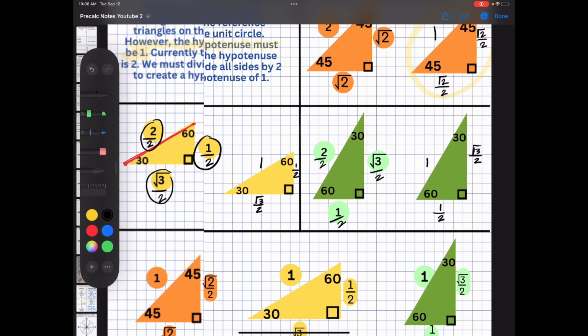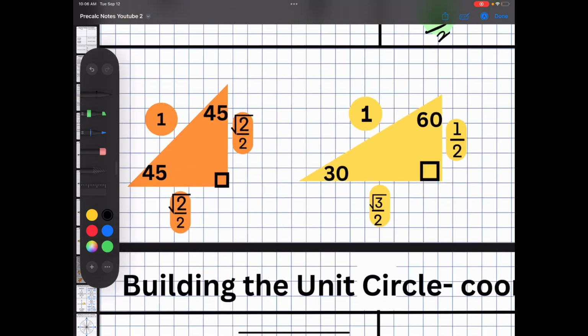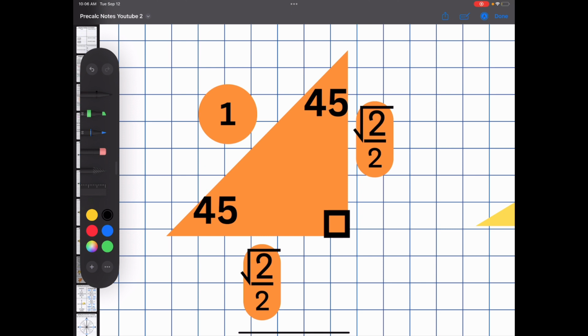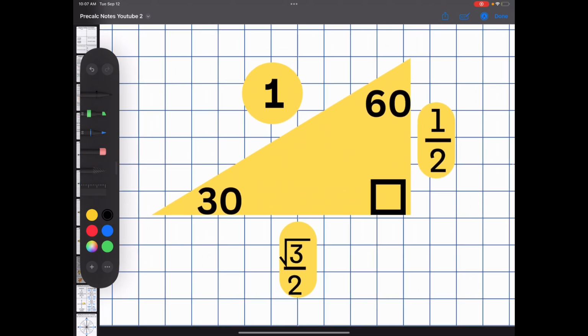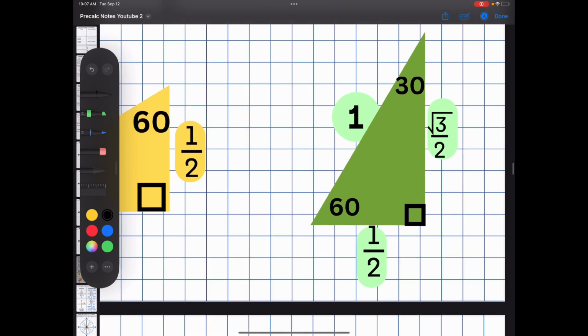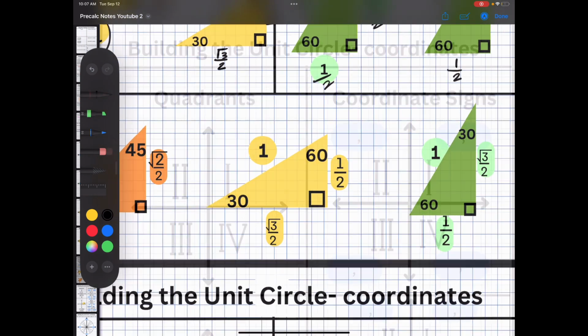So in sum, these are my 3 triangles and the labels that we're going to be using. A 45, 45, 90 will now have these labels on the unit circle. A 30, 60, 90 triangle will have these labels on the unit circle. And the same triangle but rotated will also have similar side labels on the unit circle.